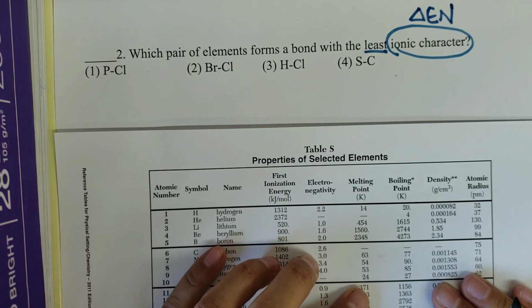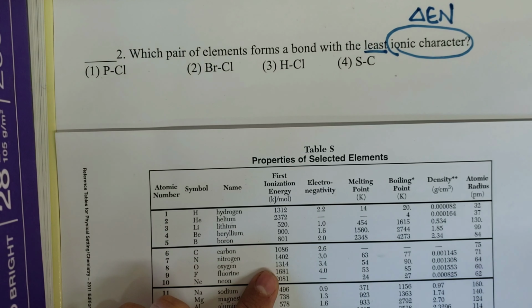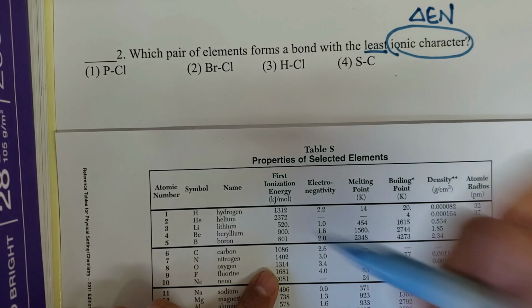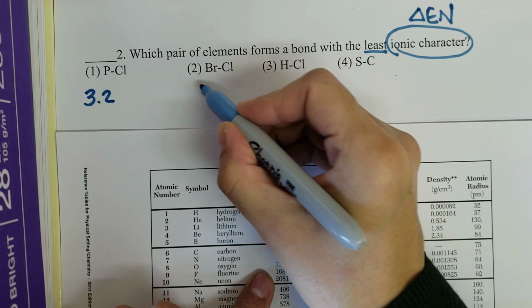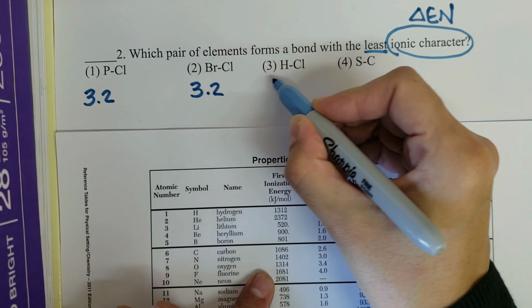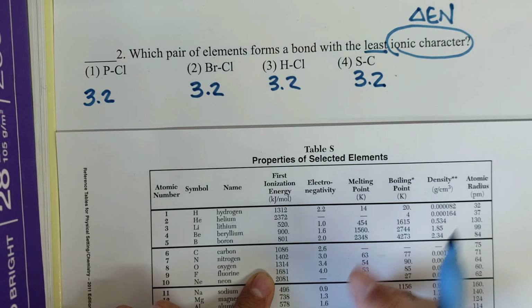So we're going to have to look up the electronegativities on reference table S. The electronegativity of chlorine is 3.2. So we are going to compare the electronegativity of 3.2 for chlorine to all the rest of the elements.